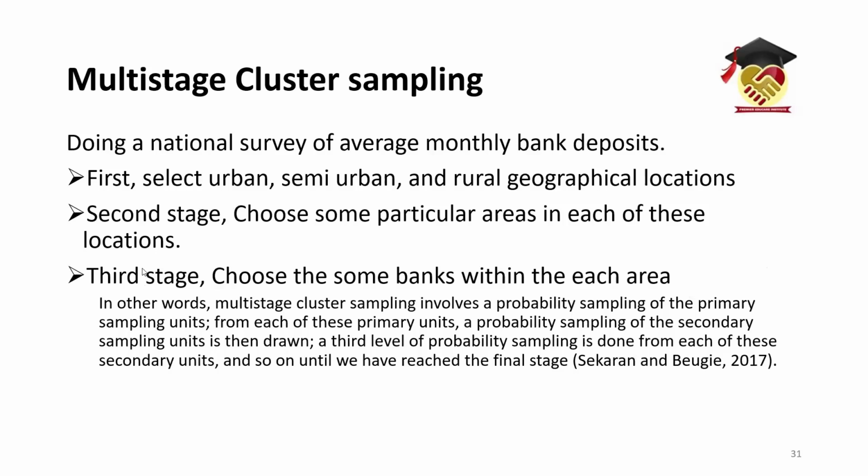Then in the second stage, you select some particular areas of these sections. For example, from the urban, you take 2 districts, semi-urban you take 3 randomly, rural you take 3. That is the second stage, but still big. Now you have to take a third stage, from those areas. I'll explain the example again.